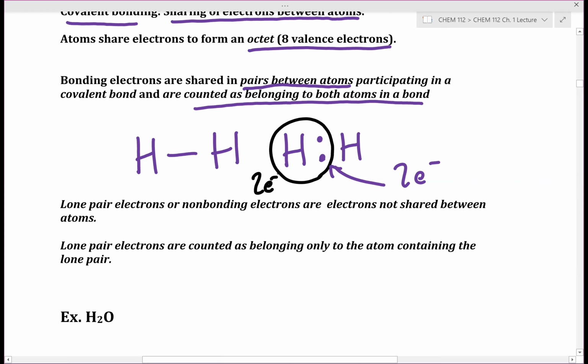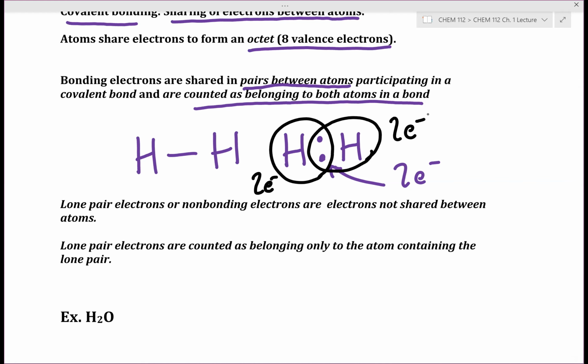It has 2 electrons because it has 2 electrons from this bond. What about the hydrogen atom on the right? How many electrons does it have to its name? 2. Bonding electrons are counted as belonging to both atoms in a bond. Okay, perfect.